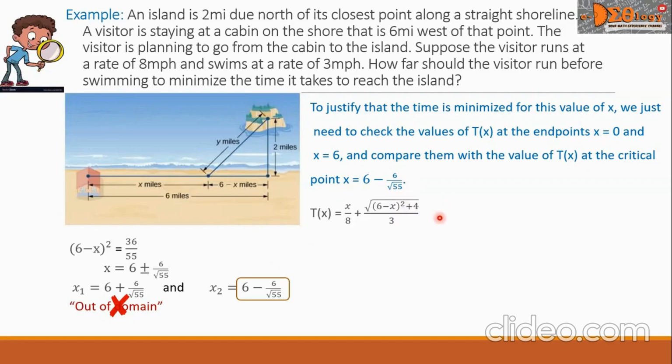We write again this function. So we start with T of 0 and we will get 2.108 hours. For T of 6, we will get 1.417 hours. While for T of 6 minus 6 over the square root of 55, this will give us 1.368 hours. So we will get the smallest time here.